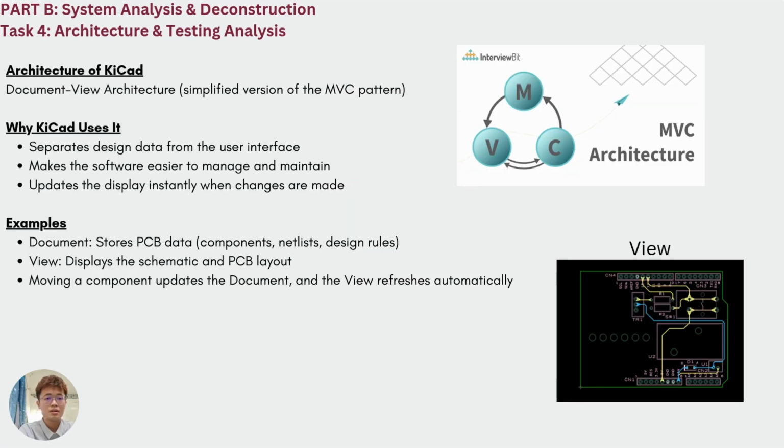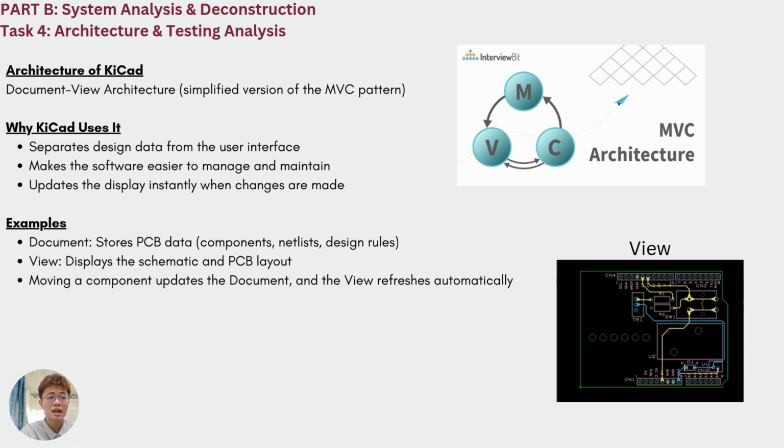KiCad uses a document-view architecture, which is a simplified version of the model-view-controller pattern. In this architecture, the system is separated into two main parts, the document and the view. The document is responsible for storing all the important PCB design data in the background, such as component positions, netlists, and design rules.